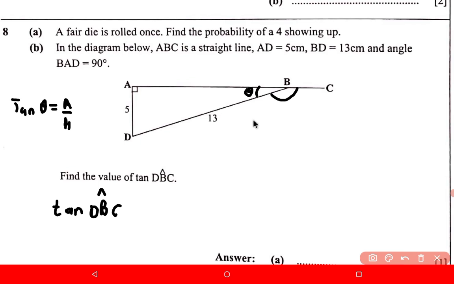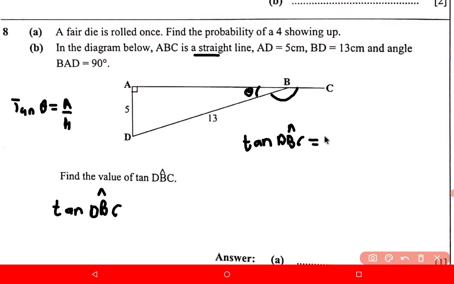So we're going to say that tan DBC is actually equal to 180 minus the theta. Why 180? Because they said it's a straight line. A straight line adds up to 180.